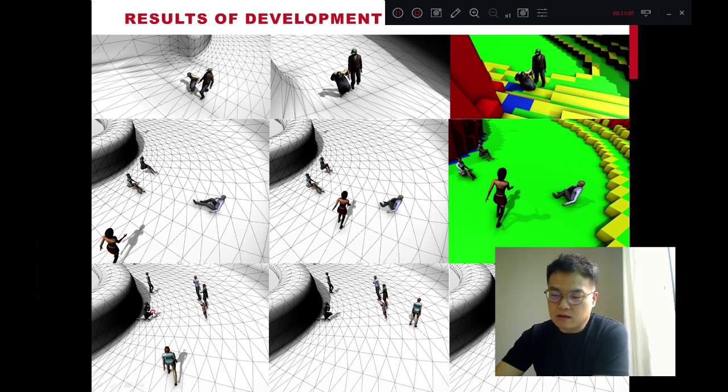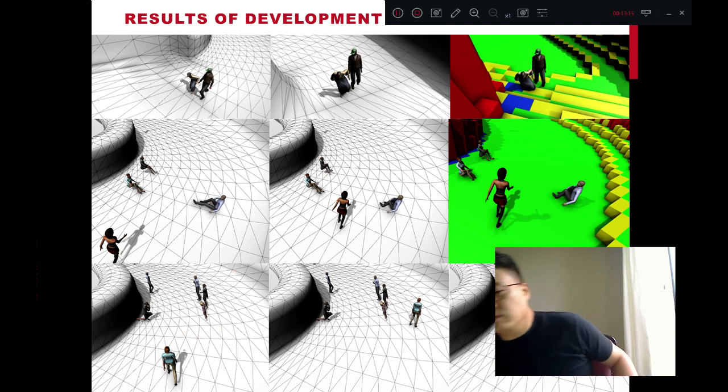These are people taking pictures, and this girl goes around behind the groups. That's a kind of social behavior.